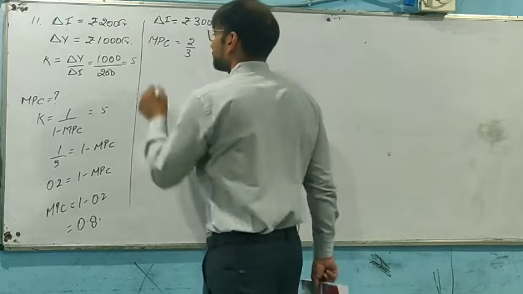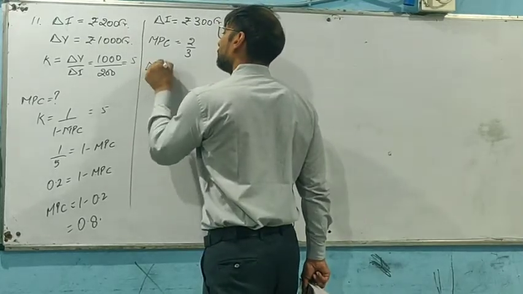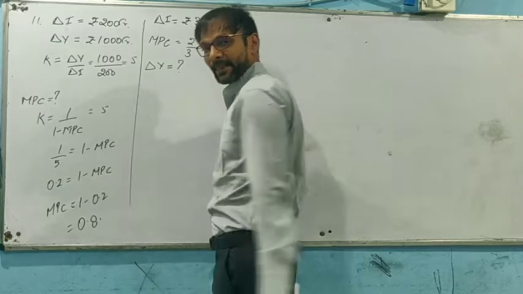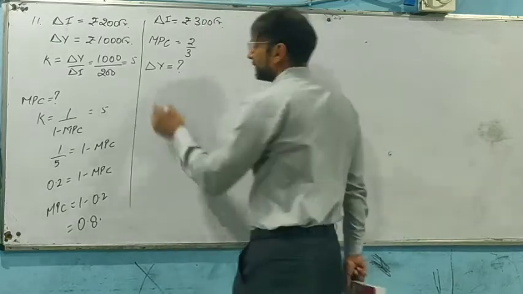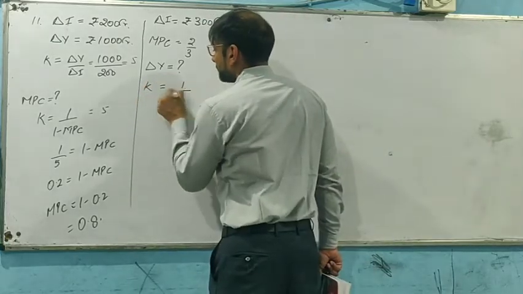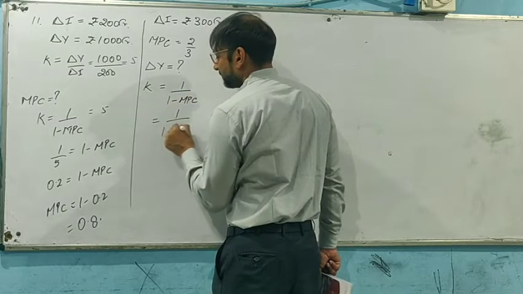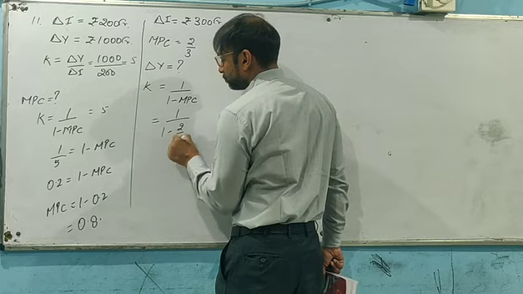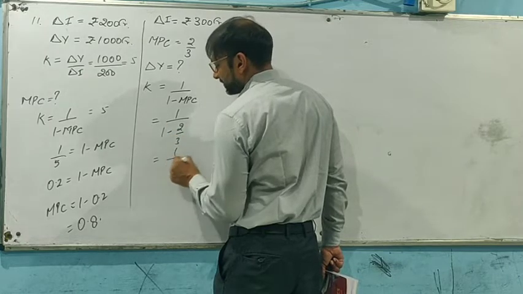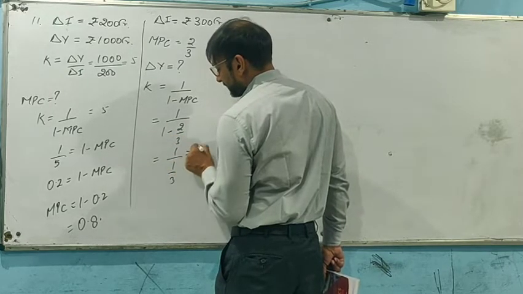First of all, we need to find delta Y. Again, the multiplier effect: K equals 1 upon 1 minus MPC, or 1 upon 1 minus 2 by 3, that is 1 upon 1 by 3, that is 3.